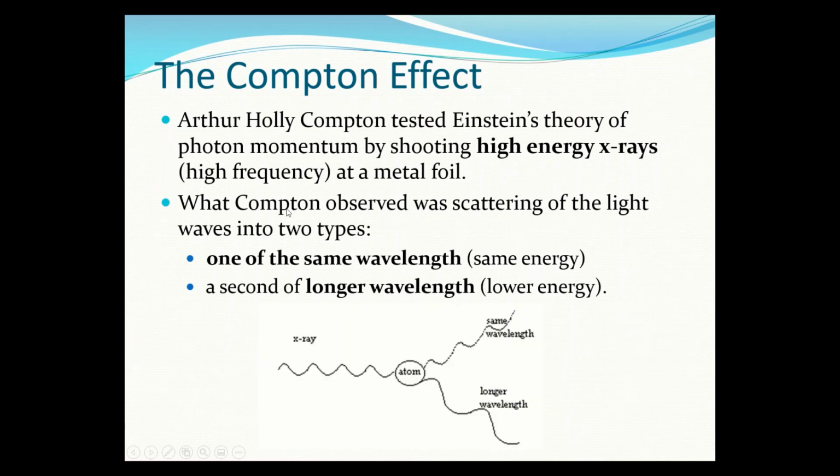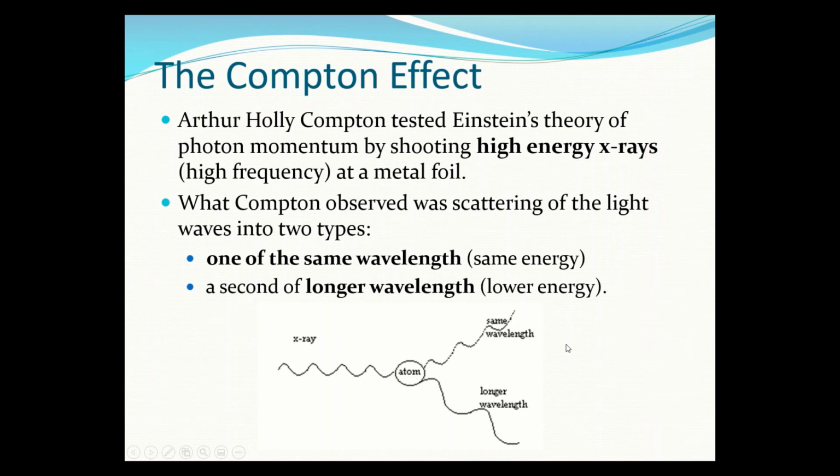Here's a little picture. We shot an X-ray, so we shot light at an atom, and after it hit that atom, he got some light with the exact same wavelength, but then some light with a longer wavelength, and longer wavelength means lower energy. So that was this experiment.